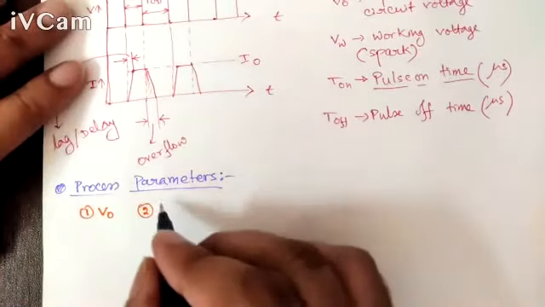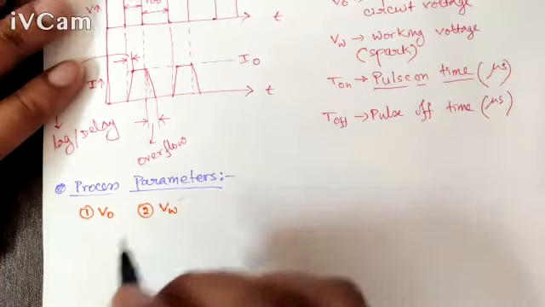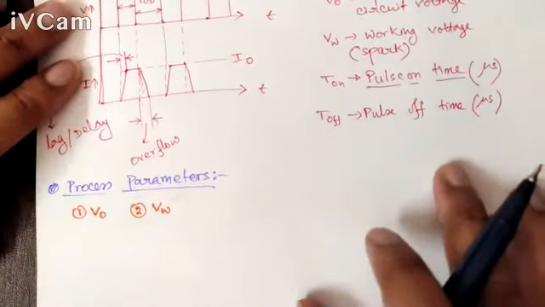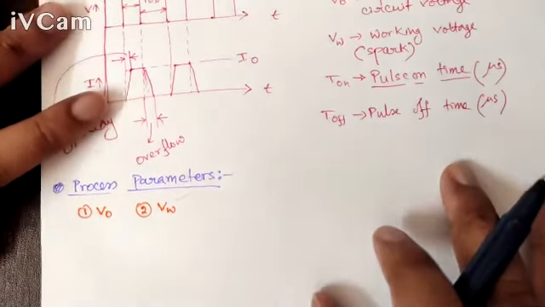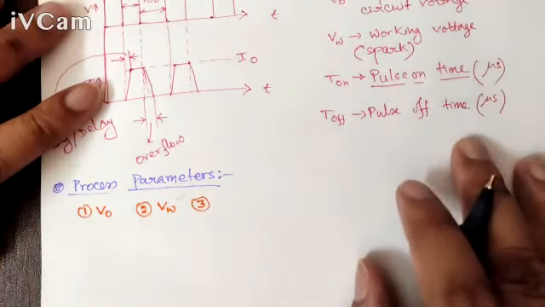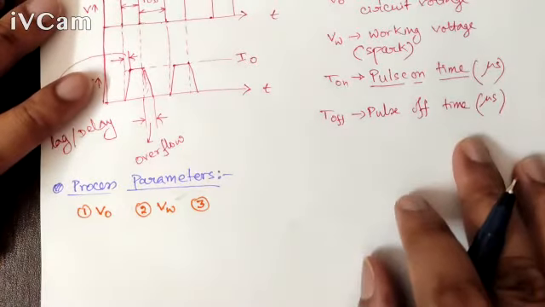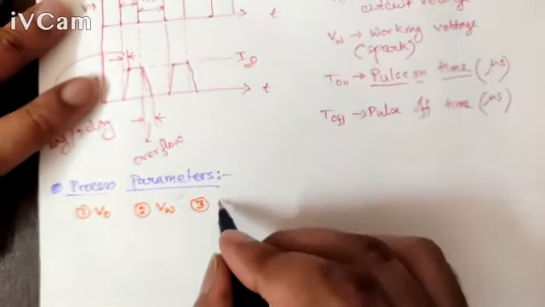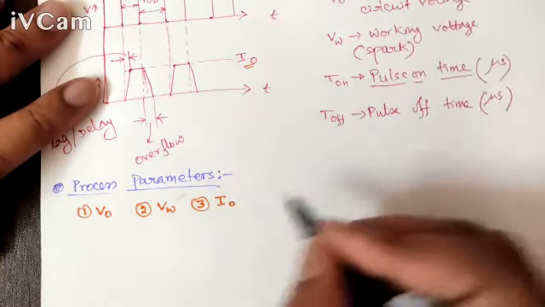Then we have got VW, which is working voltage. It can range from 50, 60 or 70, 75 volts. Then 40 also we can use. Then IO, working current or the maximum current, which is called peak current.